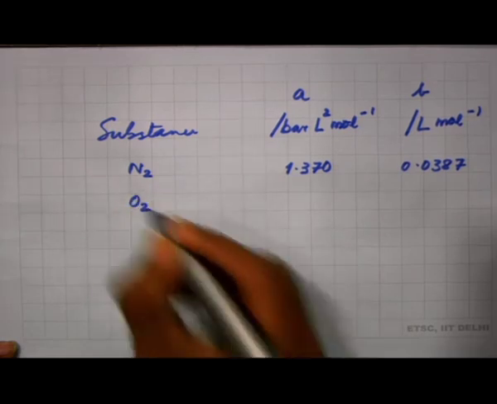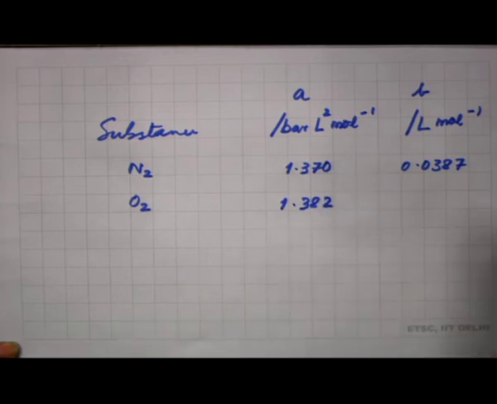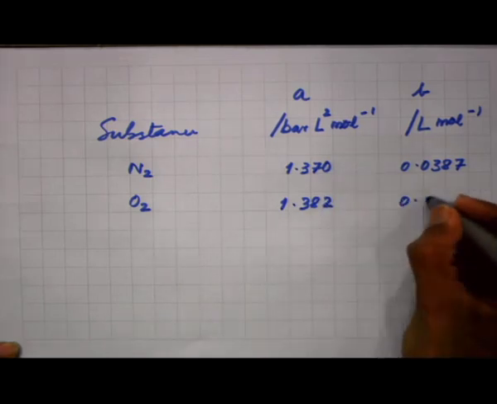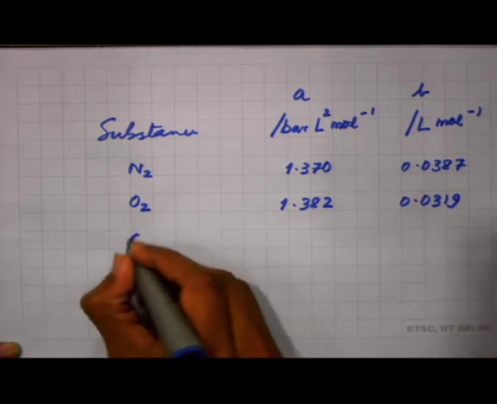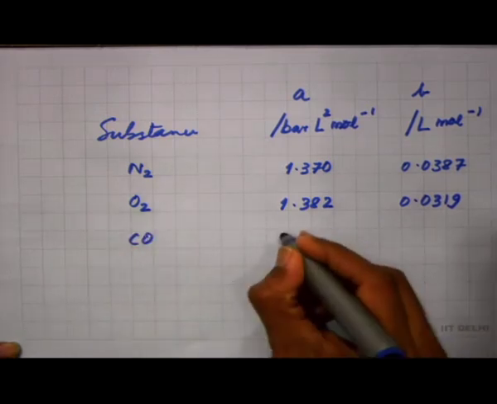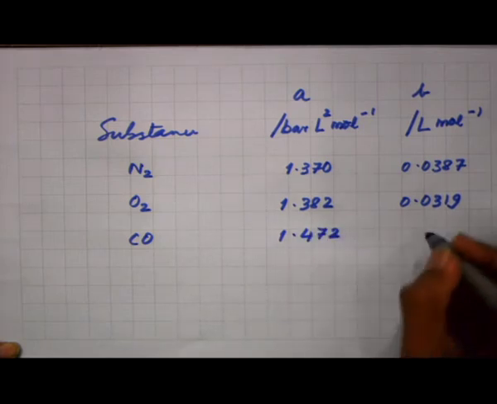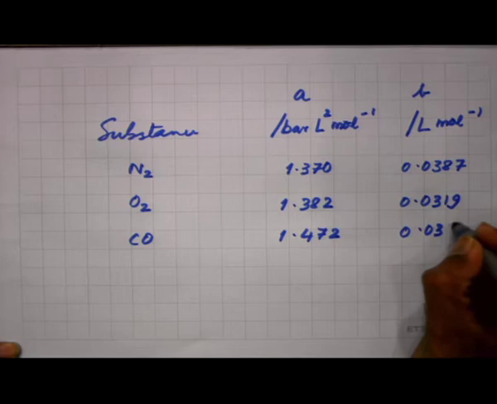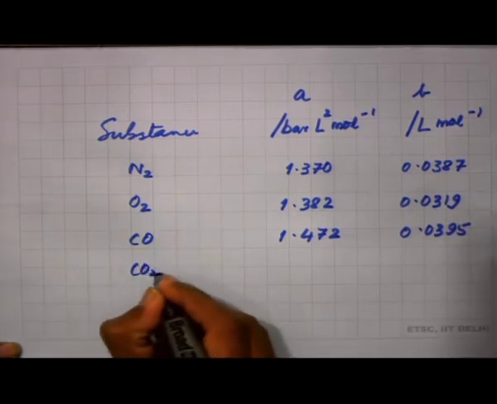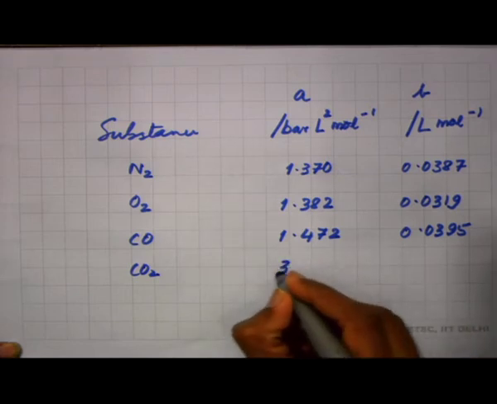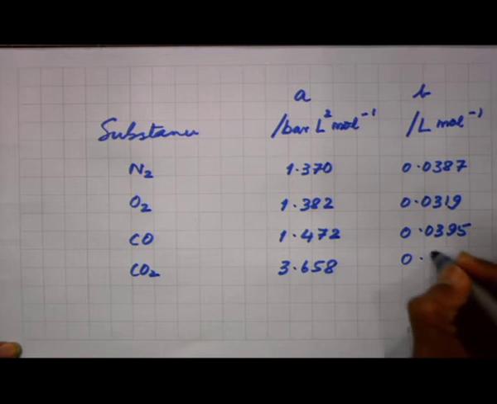If you look at oxygen, it will be 1.382 and 0.0319. If you look at carbon monoxide, it is 1.472 and 0.0395, and with carbon dioxide it is 3.658 and 0.0429.